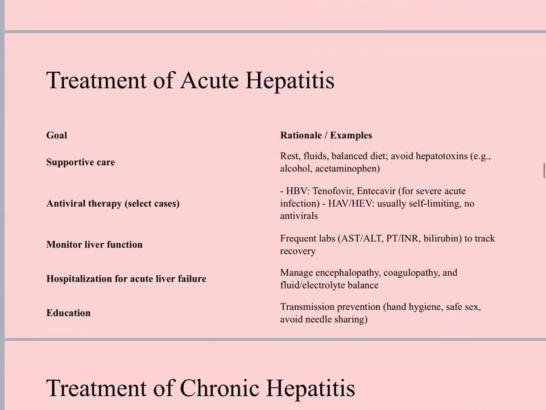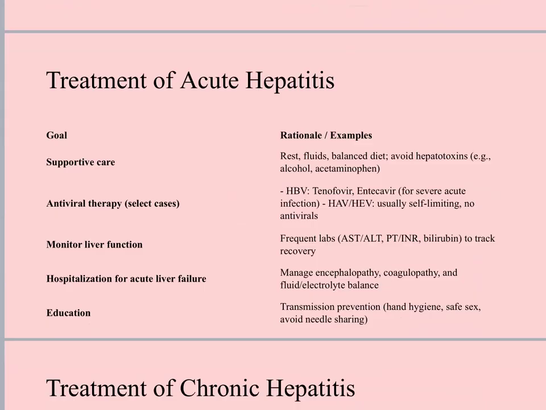The treatment of acute hepatitis is usually just a couple of days' stay in a hospital. It's supportive care: resting and getting fluids, maybe some IV fluids, eating a balanced diet, and they monitor the patient's liver enzymes.